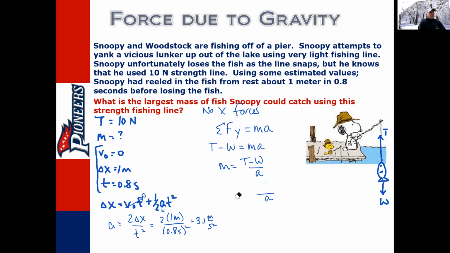So what do I do? Well, I got to erase that because it's wrong. And so I need to look at right here, what do I do? Well, I'm solving for m, and this is the other mistake people will make. They'll put t equals ma. That means you've made the earth have no gravity.